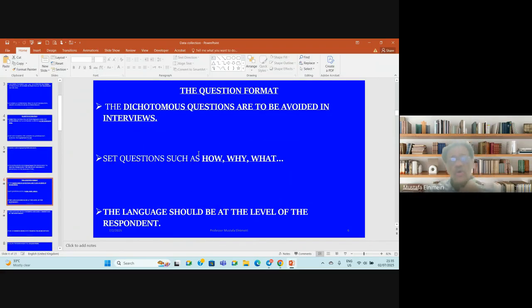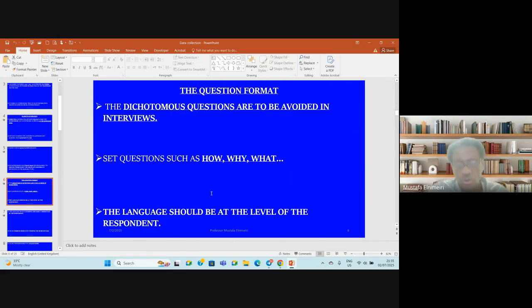As for the question format, dichotomous questions are to be avoided in interviews. In other words, we cannot use questions in the sense of whether this is right or this is wrong. We have to formulate questions such as how, why, what, and to what extent.